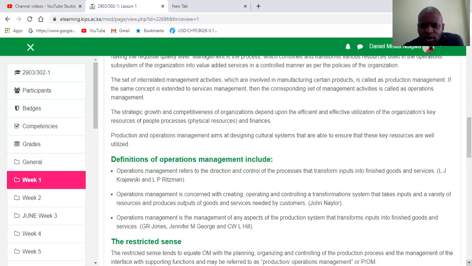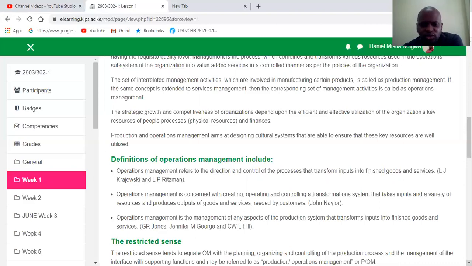According to John Naylor, he defined operations management as that part of the organization that is concerned with creating, operating, and controlling a transformation system that takes in inputs and a variety of resources and produces an output of goods and services needed by the customer.